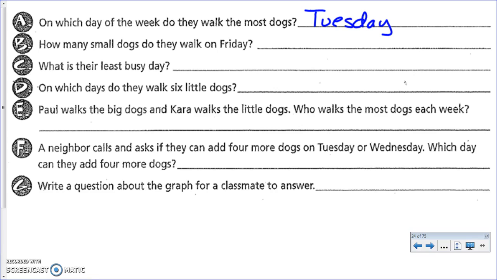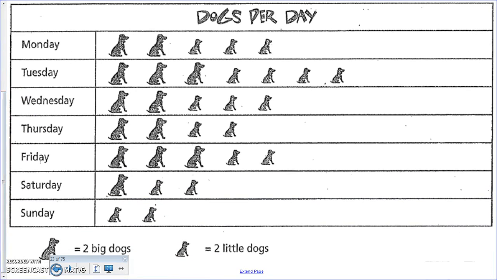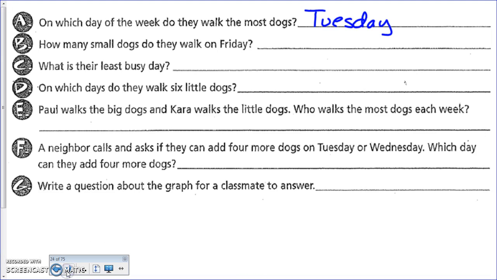For B, how many small dogs do they walk on Friday? So if we go back and look at our graph here, we can see that on Friday they walk 6 big dogs and 4 little dogs. So it's 4 for B.